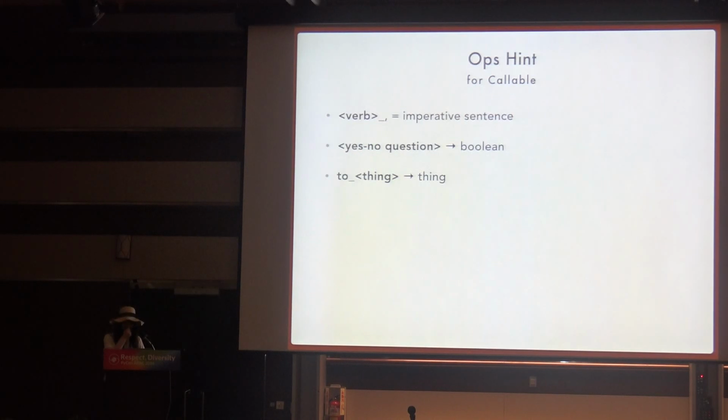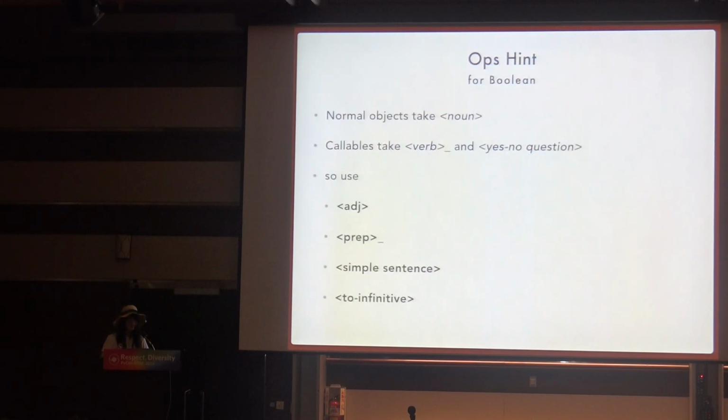A Boolean is a little special, because starting a name with a verb to point to a Boolean is very common, but I strongly suggest you don't do that. Normal objects take normal nouns, and callables take names starting with a verb or a yes/no question. So you can use an adjective, or start with a preposition, or a simple sentence, or an infinitive, to give your reader a better understanding.